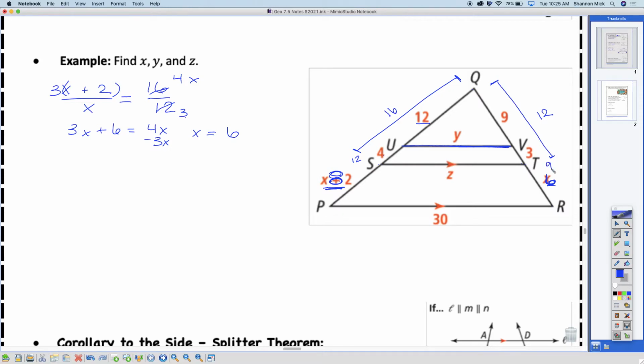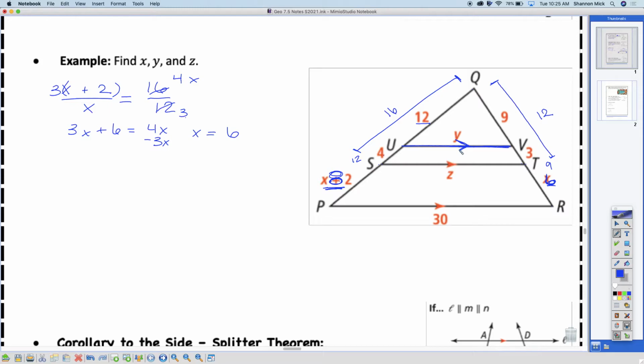Do you have something that does that? That's the midsegment theorem, correct? So what does it say? It says if that happens, what do I know about UV and PR? They're what to each other? They're parallel. And I also know that it's what? Half.